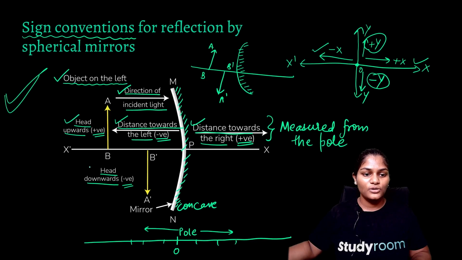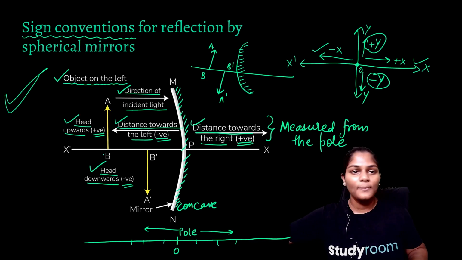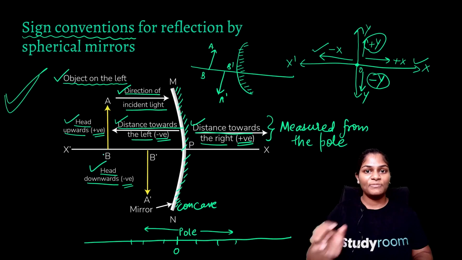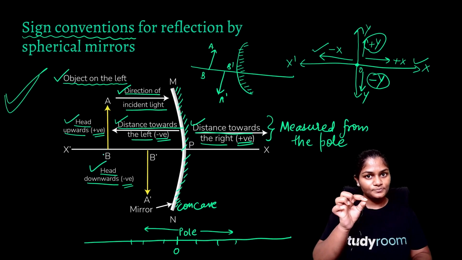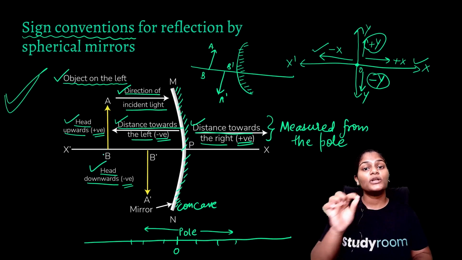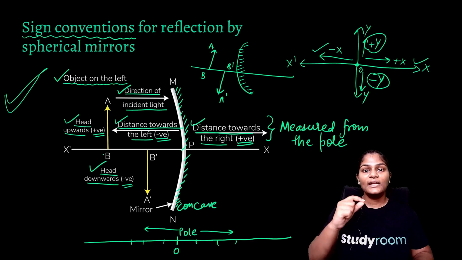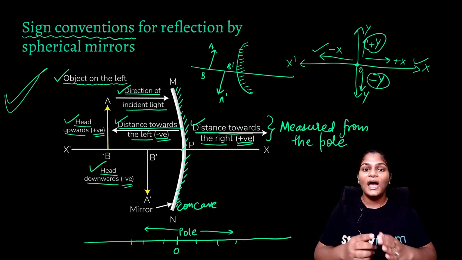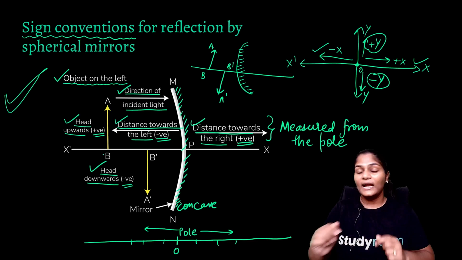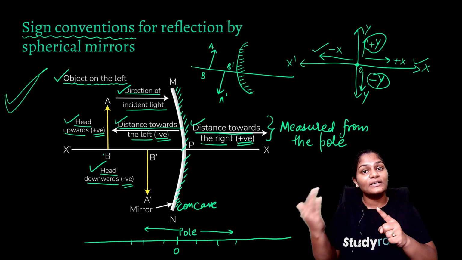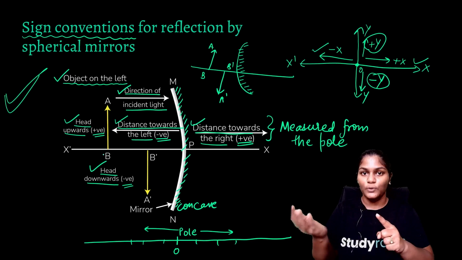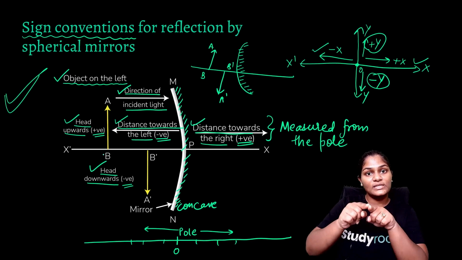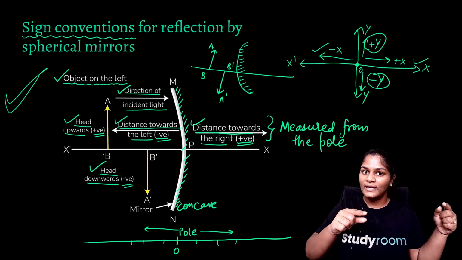Okay, so we have covered this. A quick recap: what did we study? The pole acts like the 0 of the number line, or the 0 of the Cartesian coordinates. Here the sleeping line is our principal axis, and here is the mirror. All distances towards the right side of the pole are positive, and all distances towards the left side of the pole are negative.